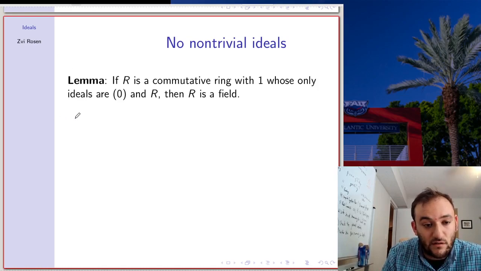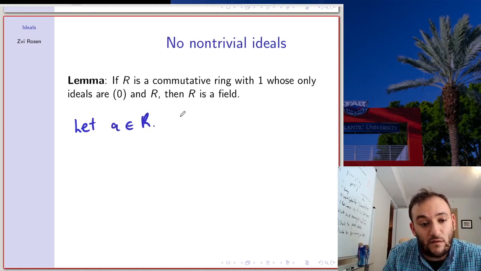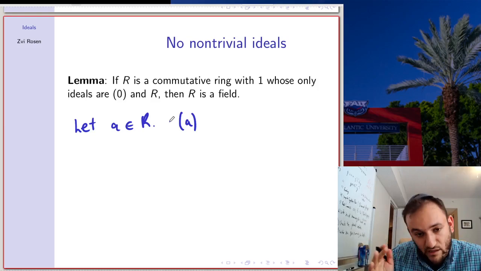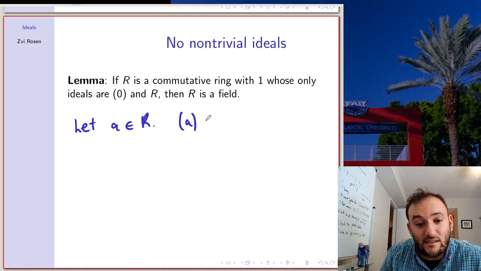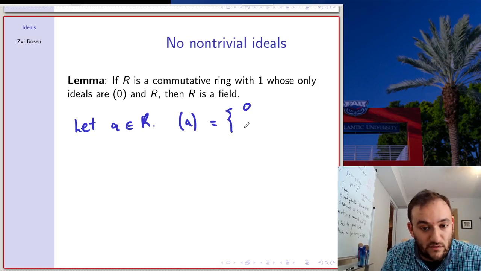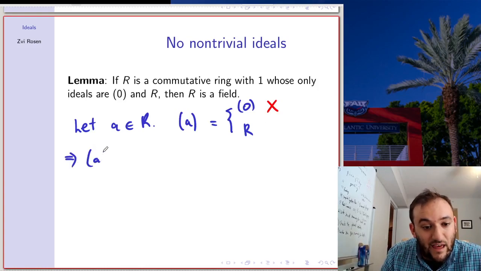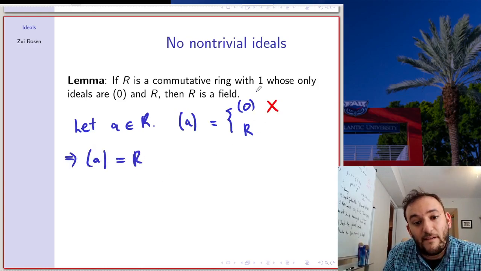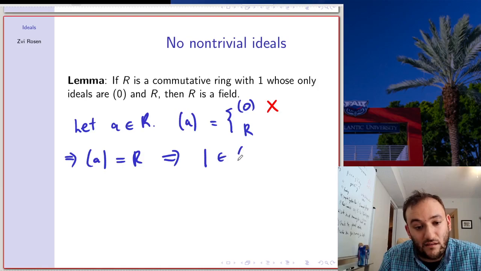So take any element A in R, and consider the ideal generated by A. If it's equal to 0, then A was just 0. So we ignore the case where A is just 0. But the ideal generated by A otherwise, there's only two choices. It's either the 0 ideal, or it's R. Once we ignore this case, that means that the ideal (A) is equal to the ring R. But we know that R has 1, so this means that 1 is in (A).